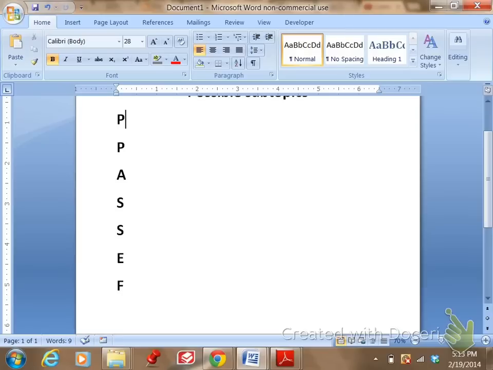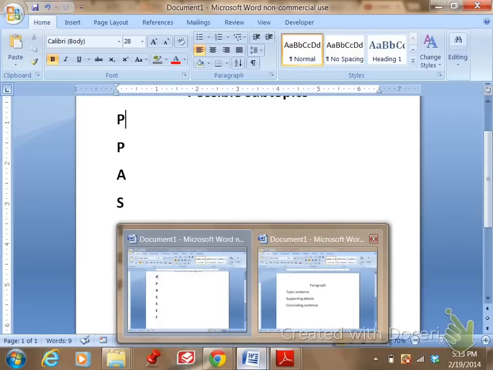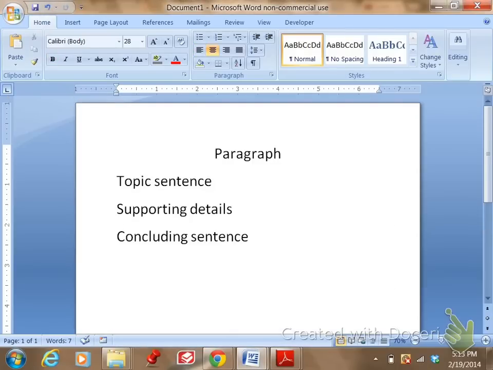And let's now talk about, review, actually, what is in a paragraph or a body paragraph. In a body paragraph, you would have a topic sentence to begin, and then you would have several supporting detailed sentences, and then you would have a concluding sentence.